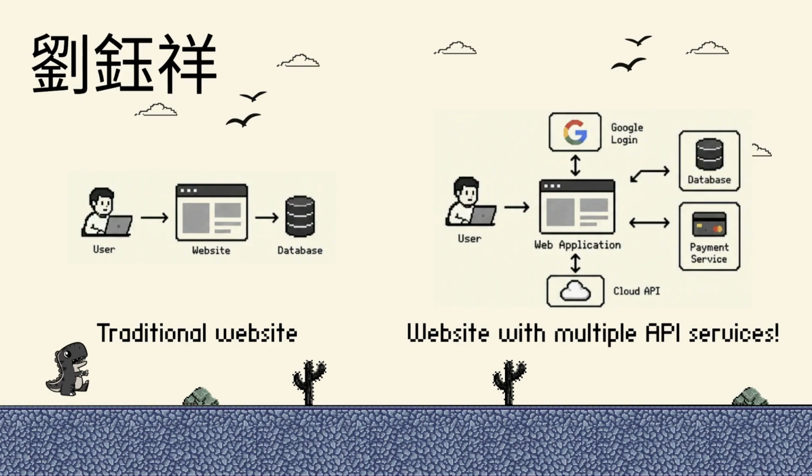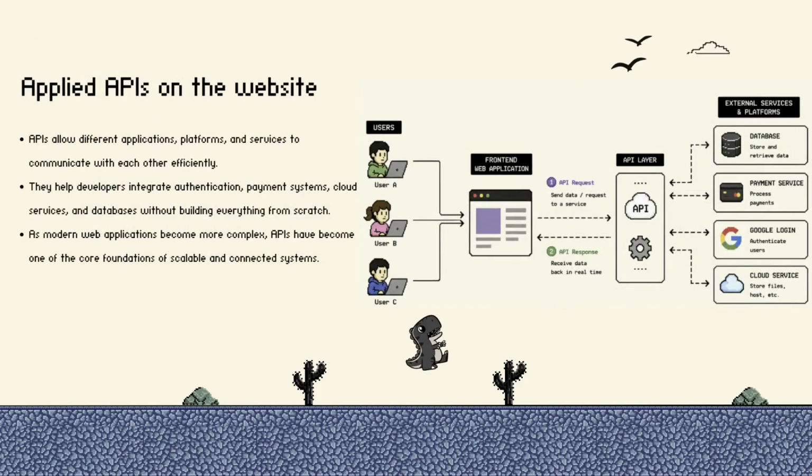Modern web applications often connect with multiple external services through APIs such as Google Login, payment systems, cloud services, and databases. APIs allow different platforms and services to communicate with each other efficiently. They help developers integrate many useful functions without building everything from scratch. Because of APIs, applications can exchange information in real time, improving both functionality and user experience.